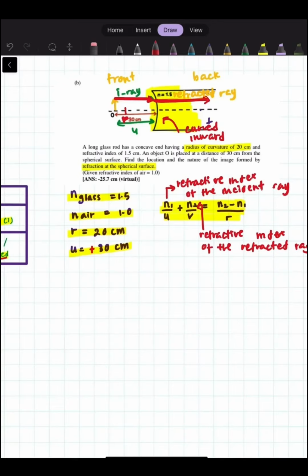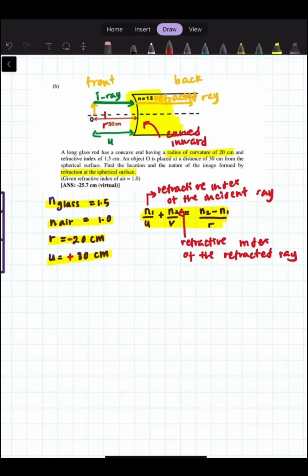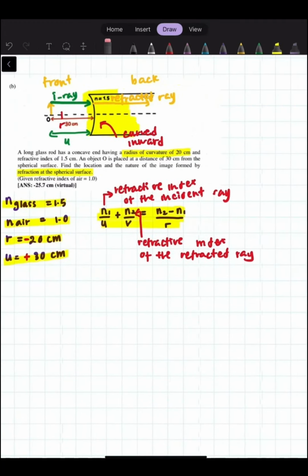So our r will be a negative value. Now that we have determined the sign convention for u and r, we can plug in our numbers to get the answer.